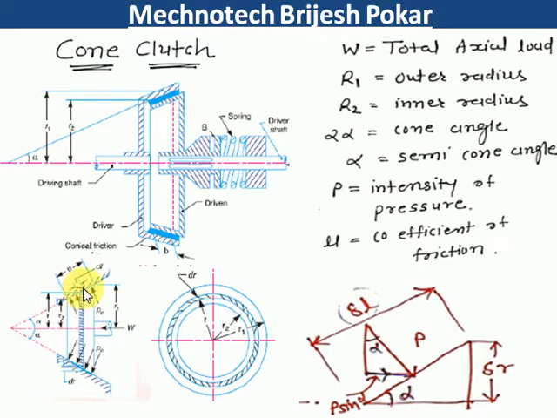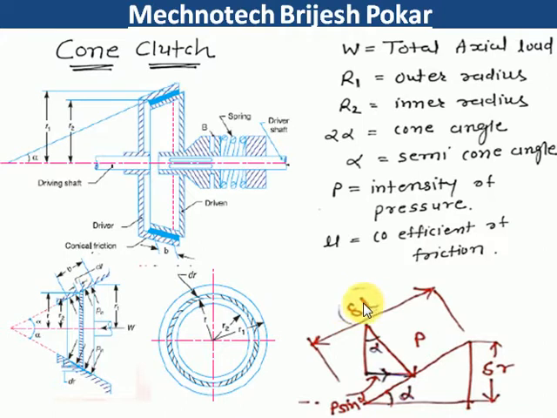Here you can see this is a small part, shown by the lines. The inclined length of this part is delta L. I have shown it in another figure, this small part enlarged as delta L.